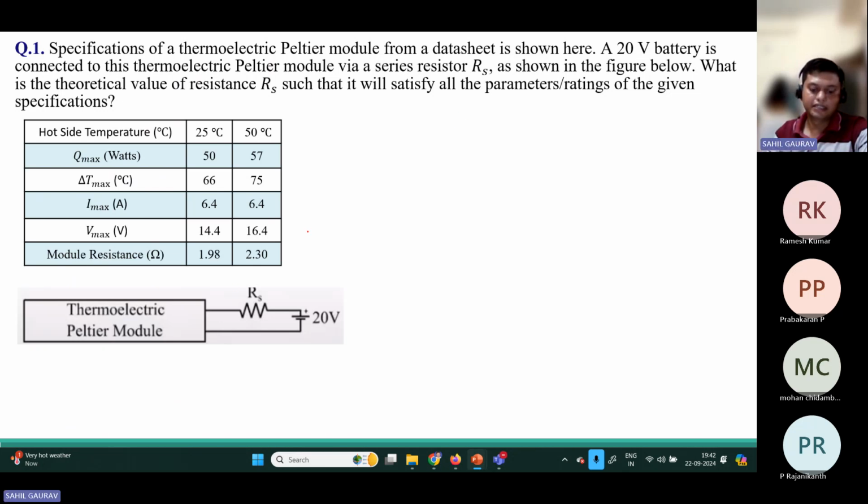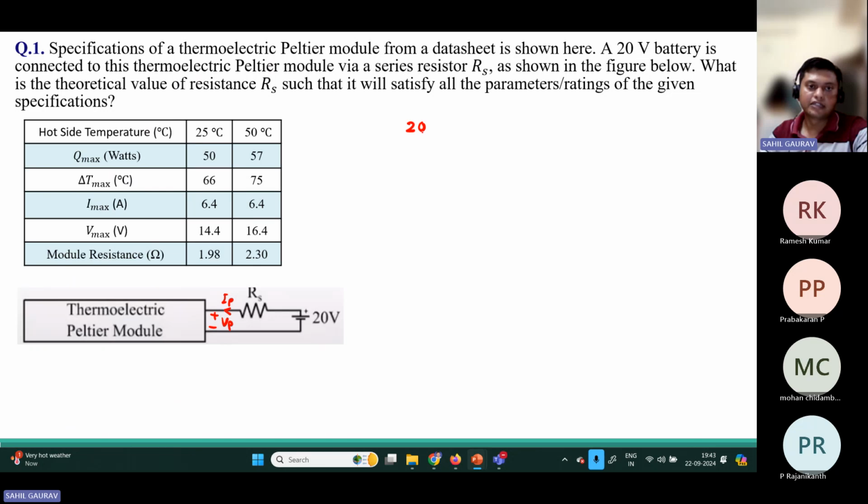So this is the Peltier module. Let us denote the voltage across the Peltier module as Vp, and the current drawn by this Peltier module as Ip.